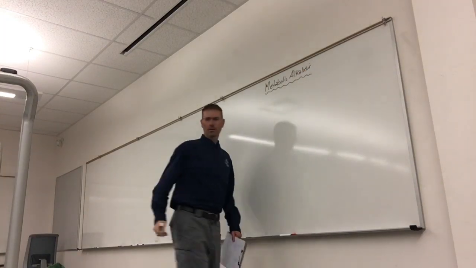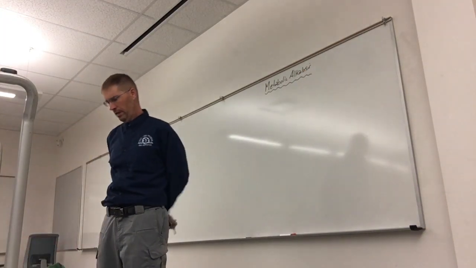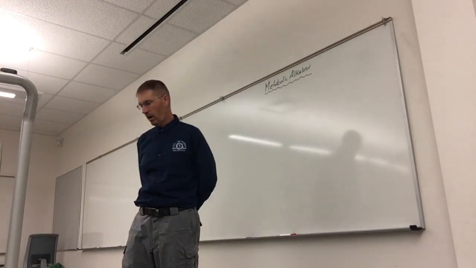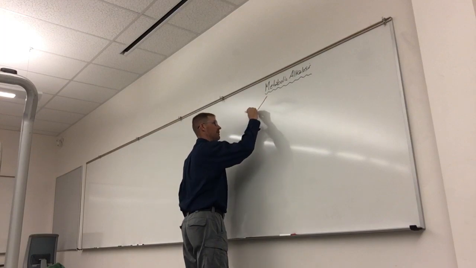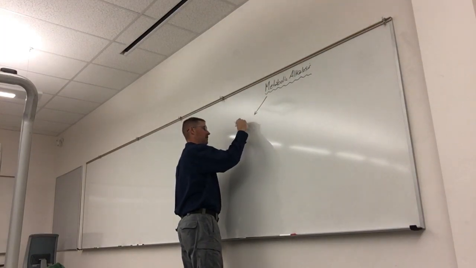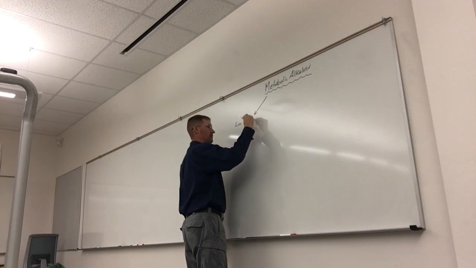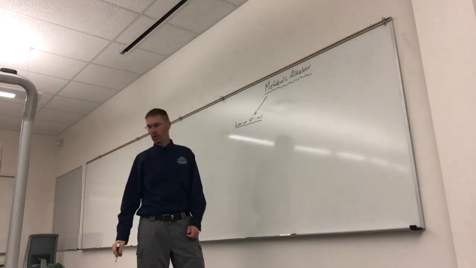Metabolic alkalosis. So with metabolic alkalosis, it really comes down to two major causes. The first major cause is a loss of hydrogen ions. So you have an excessive loss of hydrogen ions that can cause you to become more alkalotic.